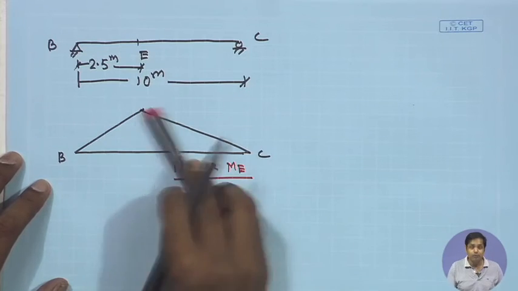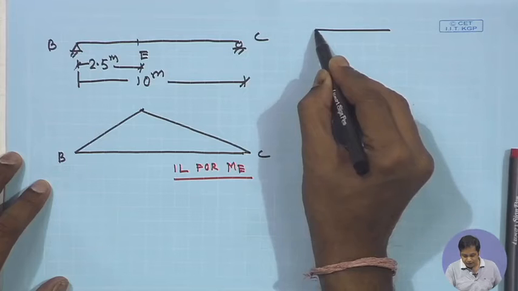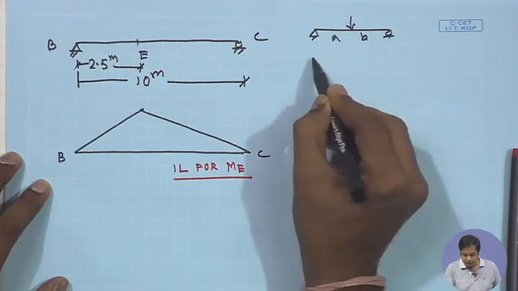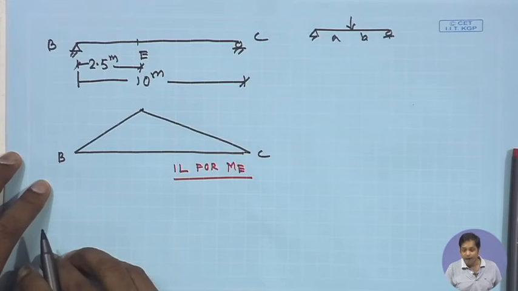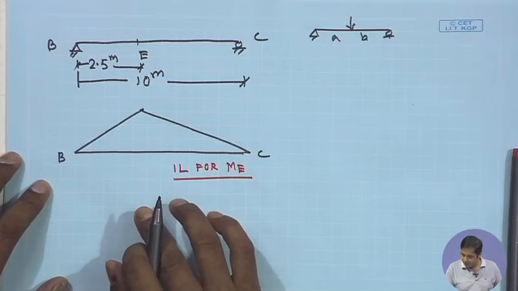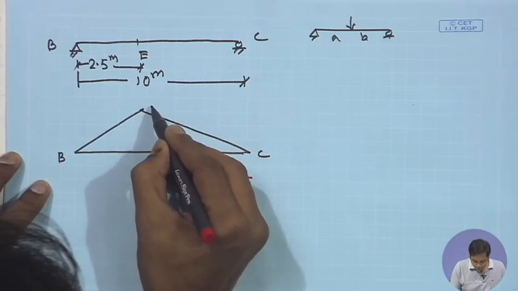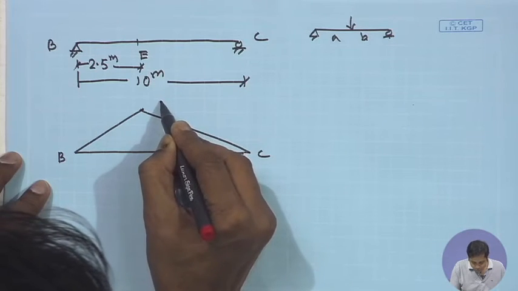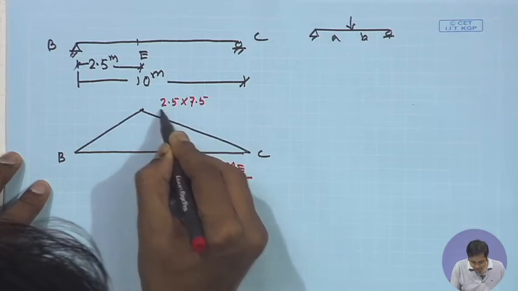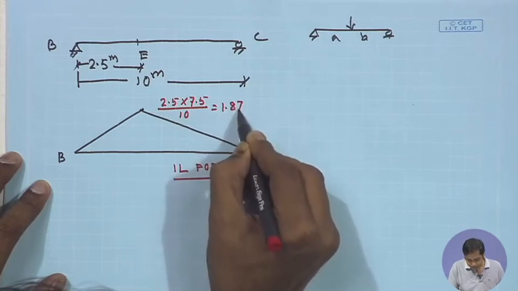And what is this value? If this is a and this is b, then this ordinate will be ab/L. Here a is equal to 2.5, b is equal to 7.5, and L is equal to 10 meter, and then this value becomes 2.5 into 7.5 by 10, which is 1.875.